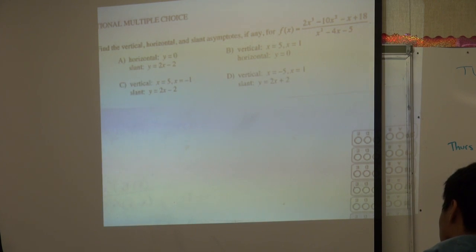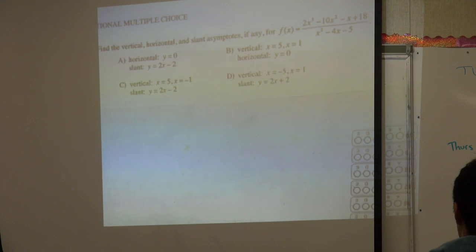So that's not the answer. Then if you look at the function, you do see that the degree of the numerator is 1 more than the denominator. So you do know that you have a slant asymptote. Now the answer's either C or D.